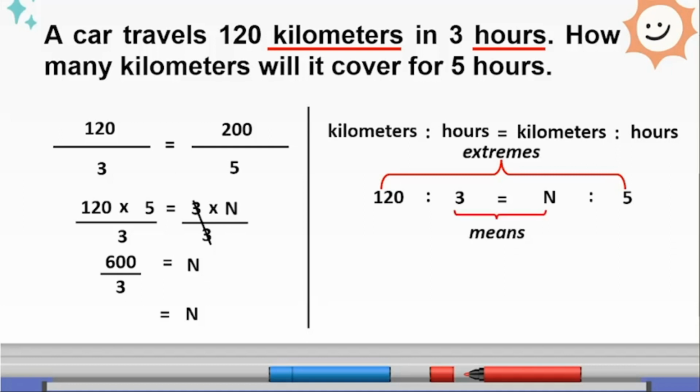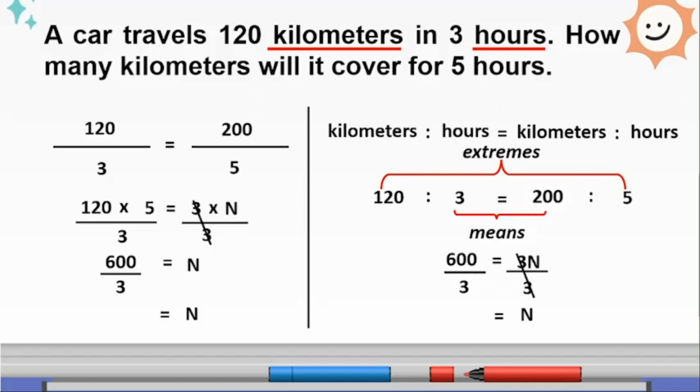So parang nasa column form din siya, fraction form. So 120 times 5 is equal to 600 as 3 times n is equal to 3n. Then divide both sides of the equation by 3. So 3 divided by 3 is 1. So we can cancel 3. Matitira na lang ay si n is equal to 600 divided by 3 is equal to 200. So n is equal to 200.